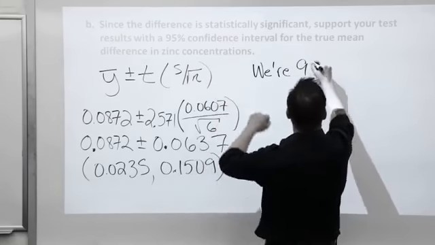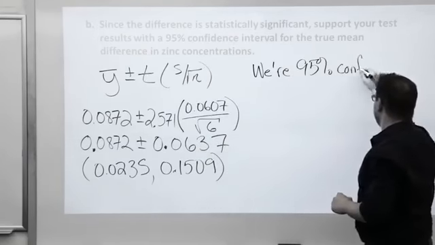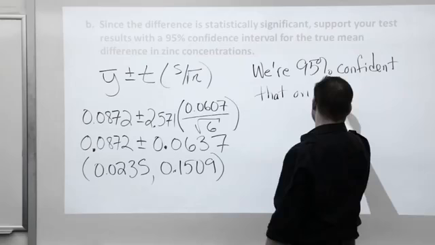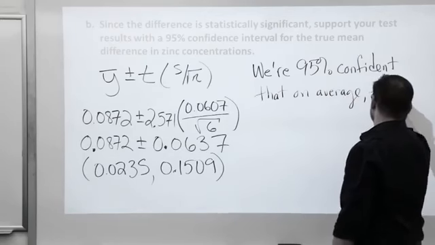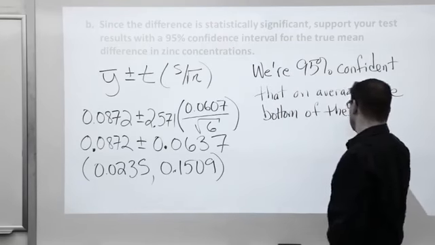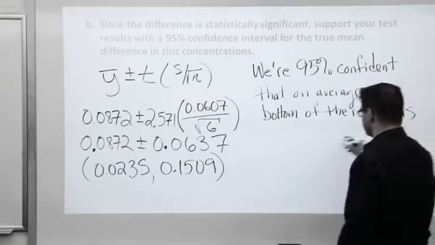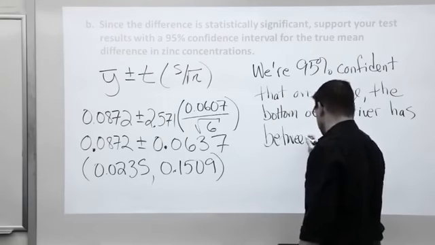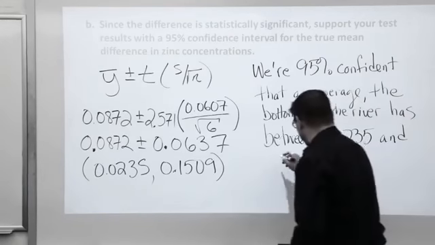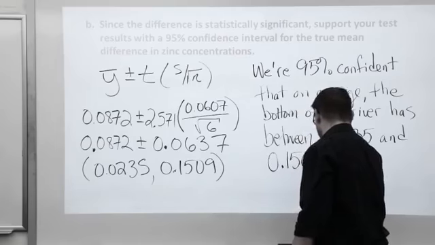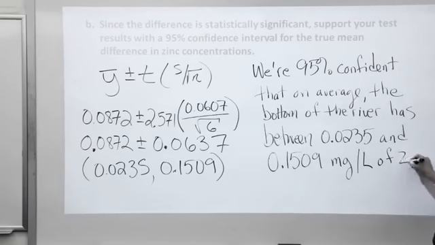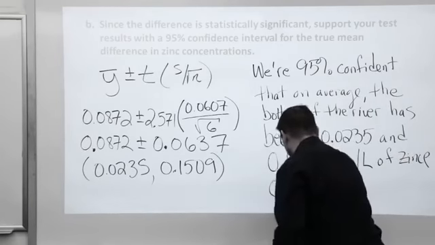We're 95% confident, on average, the bottom of the river has between 0.0235 and 0.1509 milligrams per liter of zinc compared to the surface.